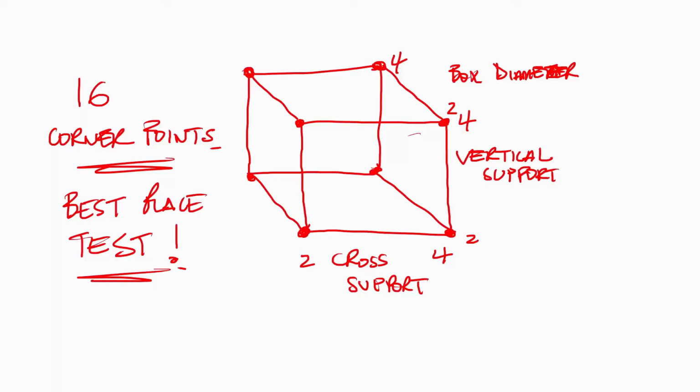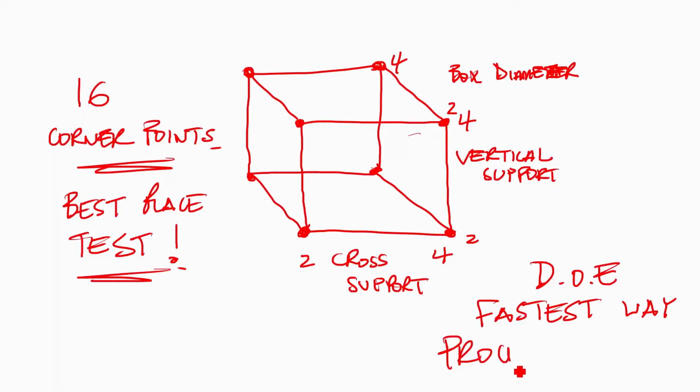That allows us to make brilliant models, and it allows us to hit 3 targets all at the same time. Only design of experiments can do this, because, as I constantly say, DOE is the fastest way. It's the fastest way to get process knowledge.